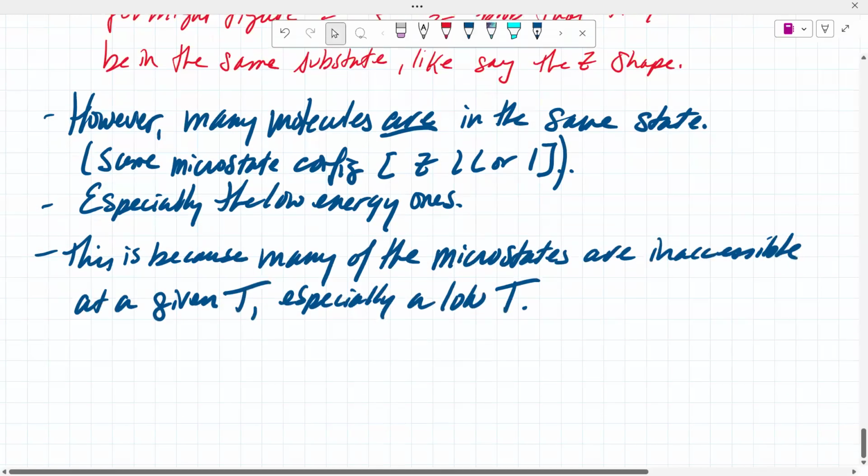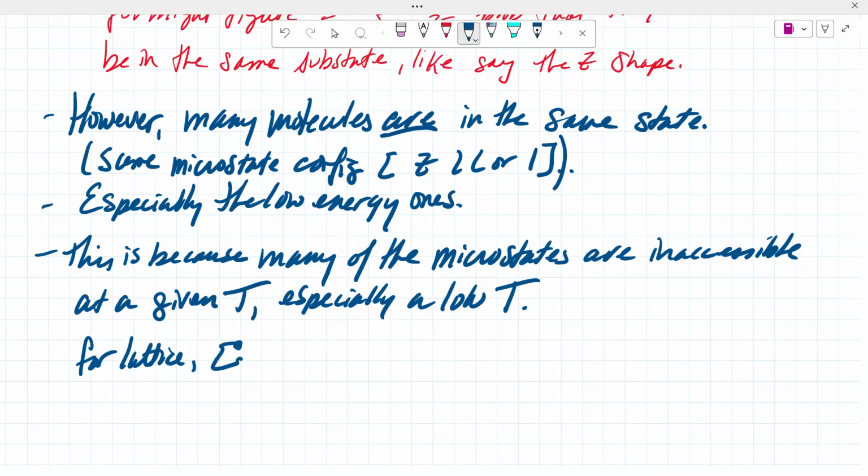So for the lattice model, this one state called C dominates.